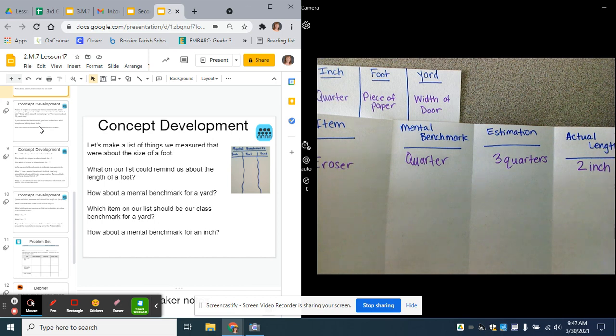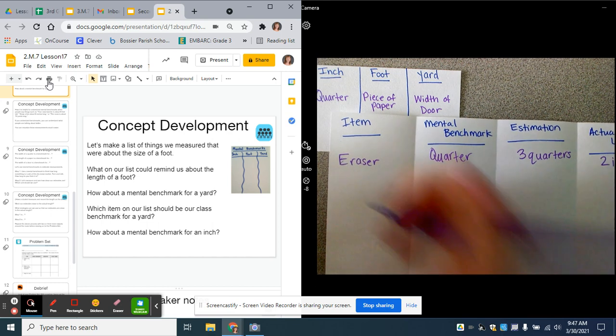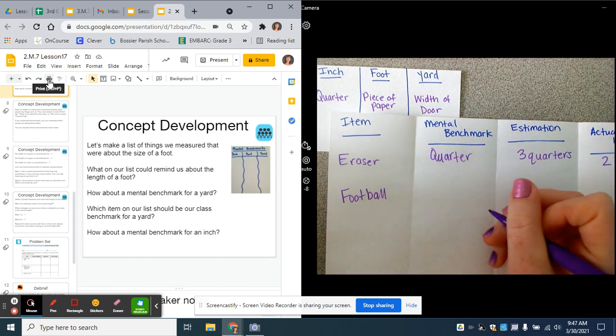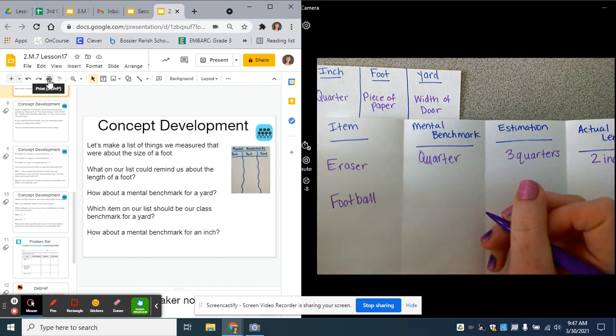All right, let's use another item. I don't have one. If you could visualize a football. Let's put a football. You can visualize a football. Would I use my inch, quarter, my foot, piece of paper, or my yard, the width of a door? My football's not the width of a door. It's much smaller than that. We can carry it in our hand.